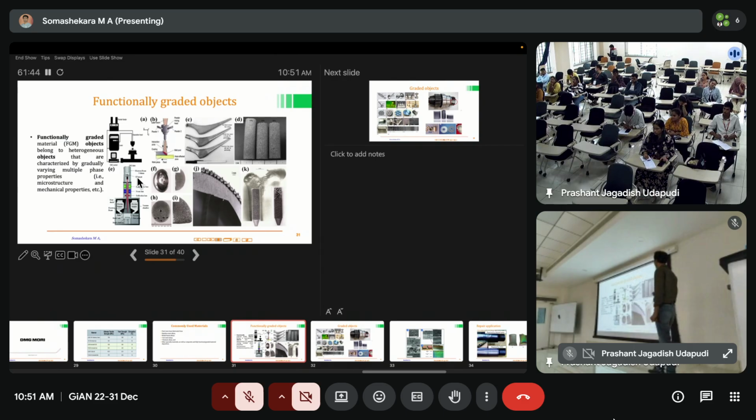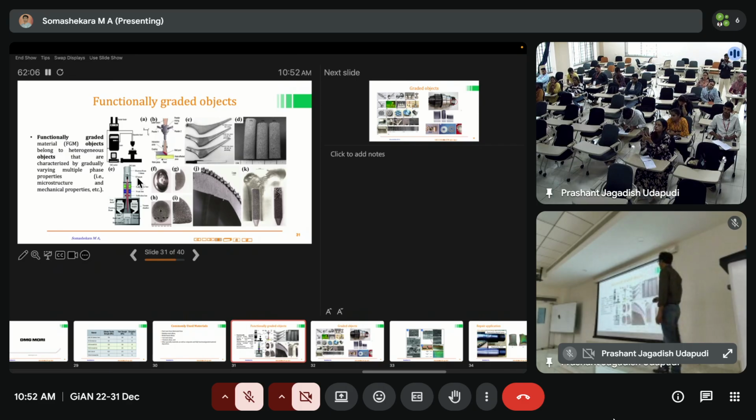So you have to maintain different properties within the component. This is where you actually use this technology for varying the composition, because this can be done by controlling your input, which is the powder. There are two ways, right? One is you can control the powder process parameter.